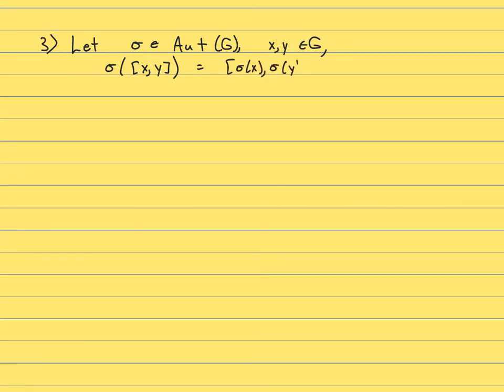Fact 3, which is kind of big, is that if you take an automorphism sigma of G and x and y in G, then the automorphism is going to take the commutator and send it to the commutator of sigma x, sigma y.